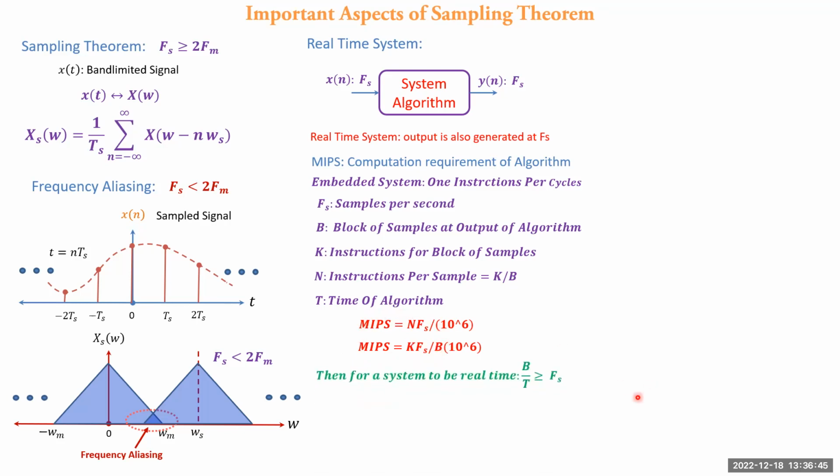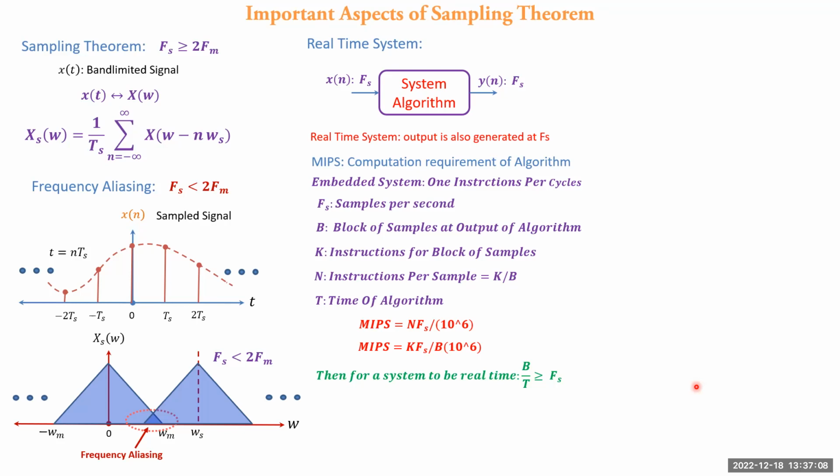Now for a system to be a real-time system, B by T, that is the number of samples generated by the algorithm in time T, should be greater than fs, because fs is the sampling frequency at which samples are generated.